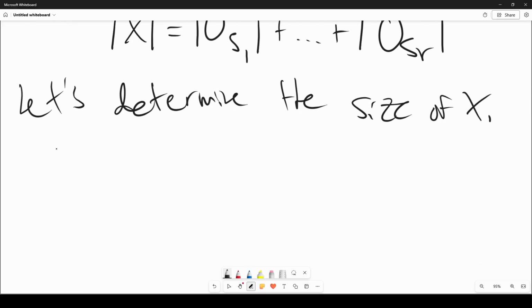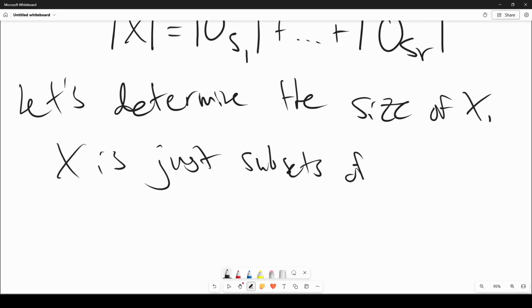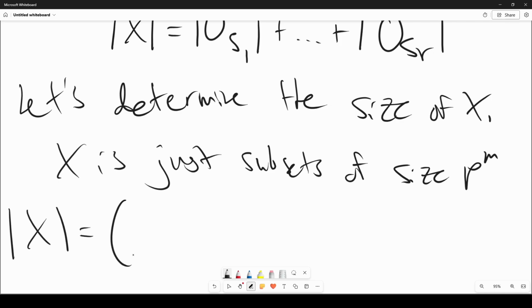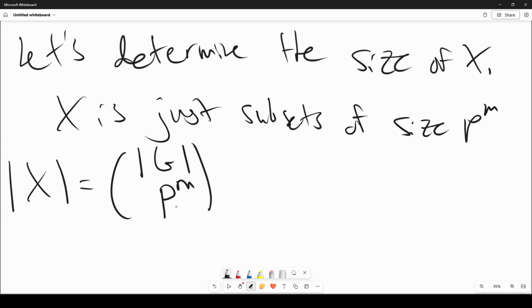Well, we see X is just subsets of size p to the m. So we just get that the size of X is just the amount of elements in G, choose p to the m. You're just taking all the elements in G and choosing p to the m of them, which I can rewrite as p to the m times n, choose p to the m.